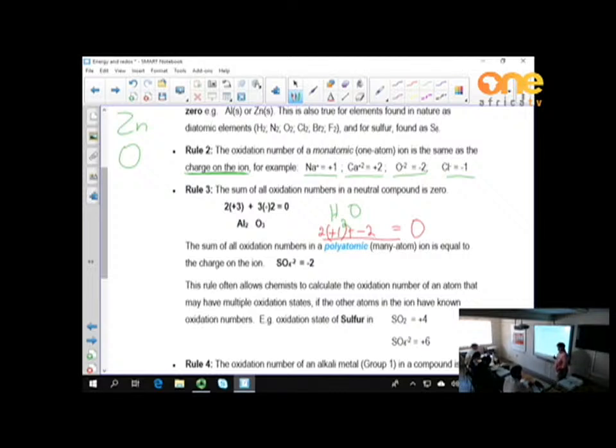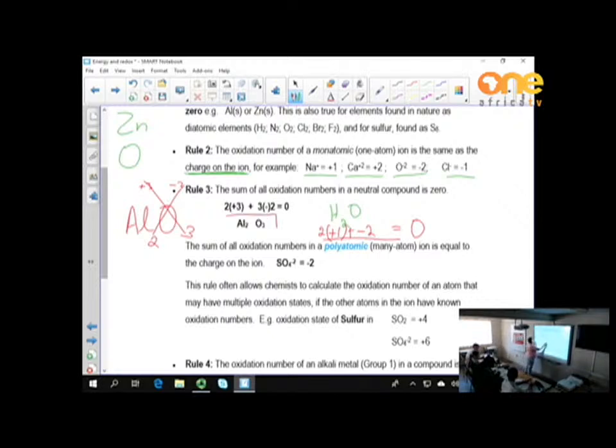Does it make sense? When you were in grade 8 and you had to write the formula, for example, the formula of aluminium oxide, we said aluminium is +3 and oxygen is -2, so I need 2 aluminiums but 3 oxygens. You were actually working with the oxidation state, you just didn't realize it, or I didn't explain it to you at that time. Have a look.